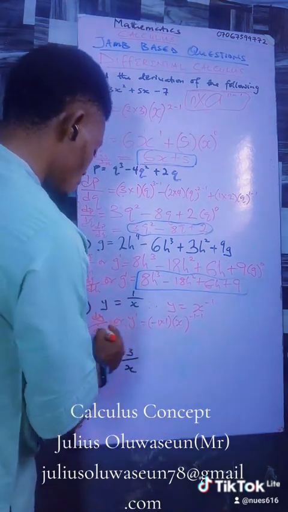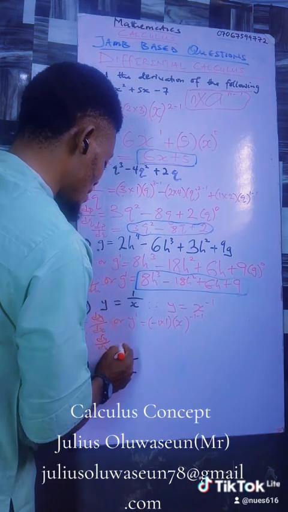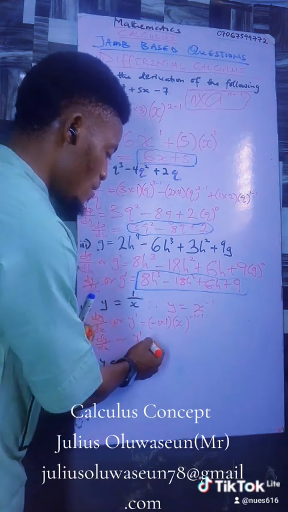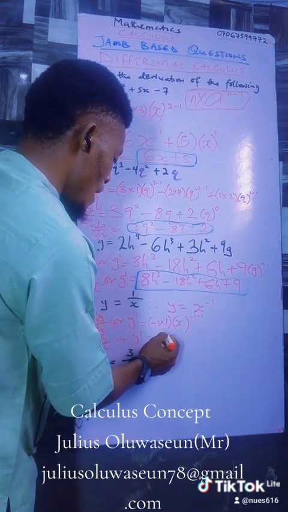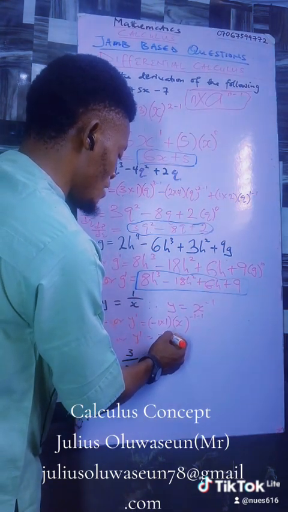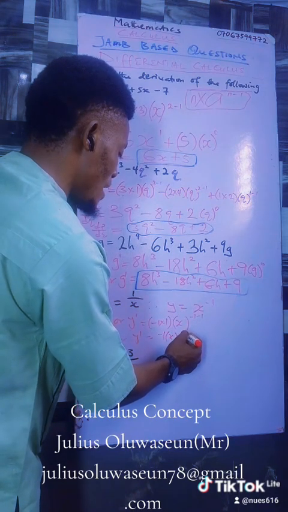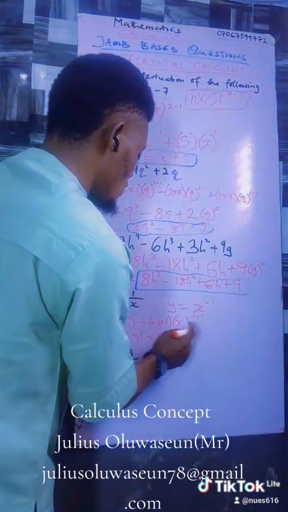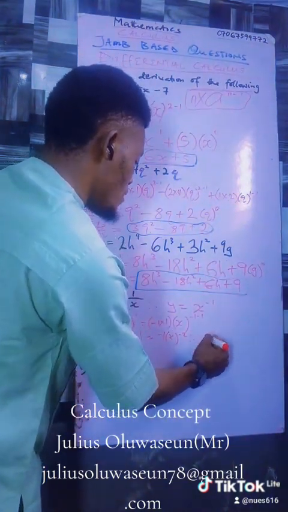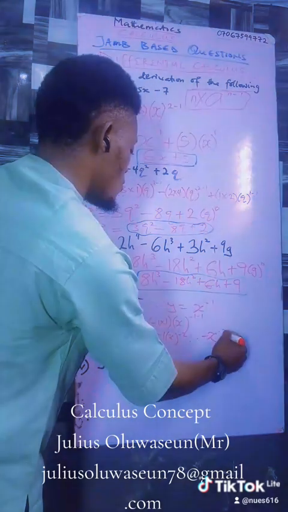Therefore we can have our dy dx, or y prime, equal to 1 times 1, which is going to be minus 1. So we have minus 1, open bracket, x, then we have the power, which is minus 2. However, we can have our minus 1 times x is going to be minus x, so this is minus 2.